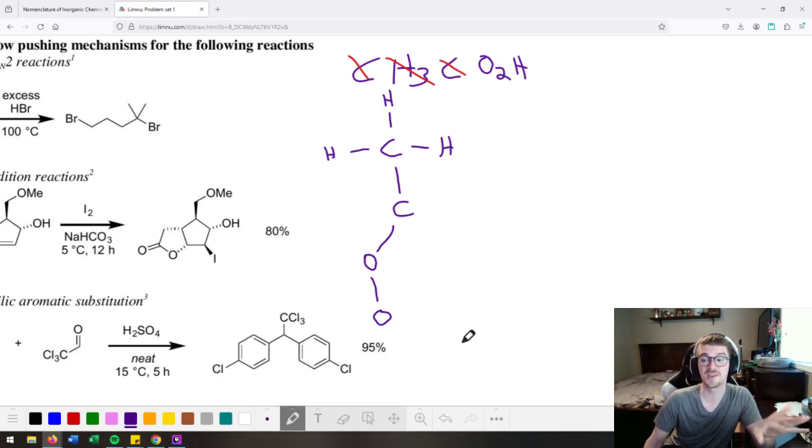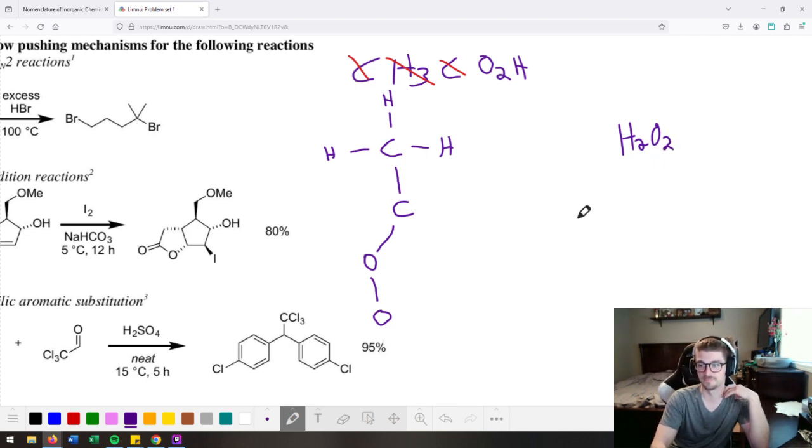But a peroxide is an incredibly reactive functional group. It's a very strong oxidizer. You see it in things like hydrogen peroxide, which is H2O2. So cue all those corny jokes about chemists walking into a bar ordering H2O2 and they die. Yeah, because they drank hydrogen peroxide.